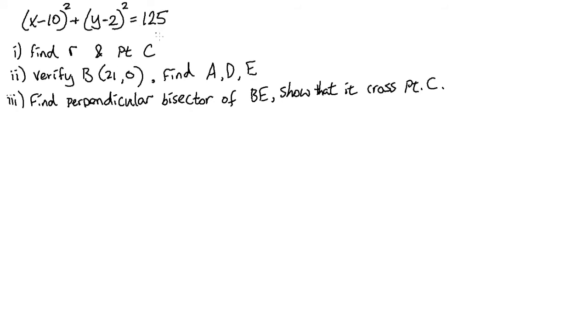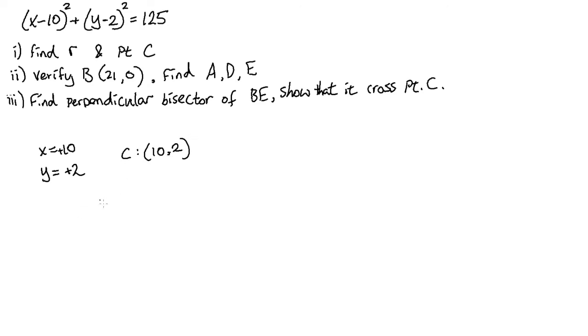So x minus 10 is 0, and so x is equal to 10, and y is equal to plus 2. Both are positive, and therefore point C has the coordinates 10, 2.